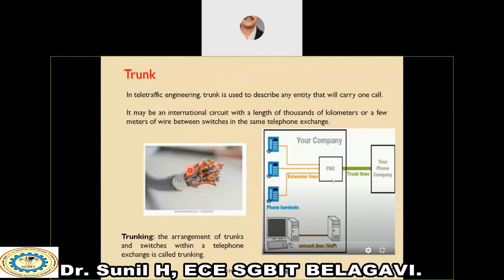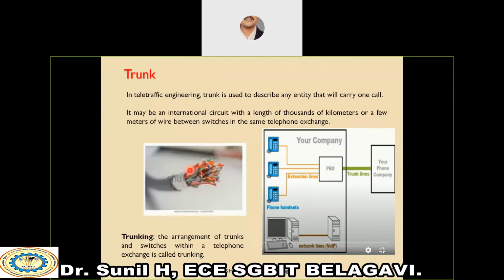And what is the meaning of trunking? The arrangement of trunks as well as switches within a telephone exchange is called trunking. Now you can look at the figure on the right side of the slide, where a telecom company is there.